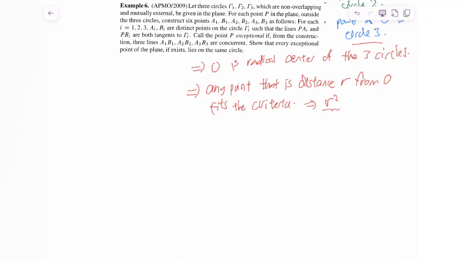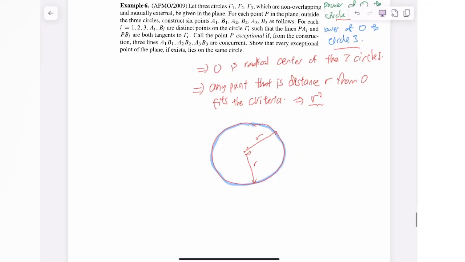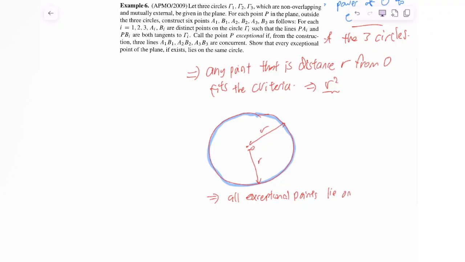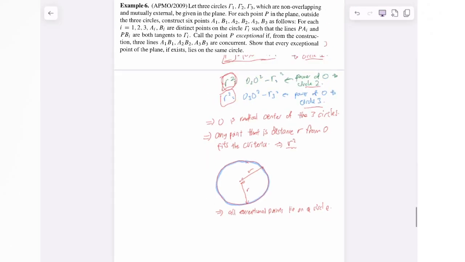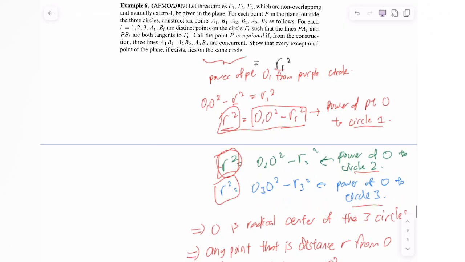Any point that is distance R is basically any point on this circle. Hence we proved that all exceptional points lie on a circle, specifically the one with center O in this case. Okay, we're done.